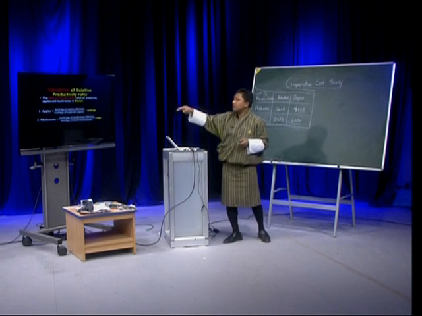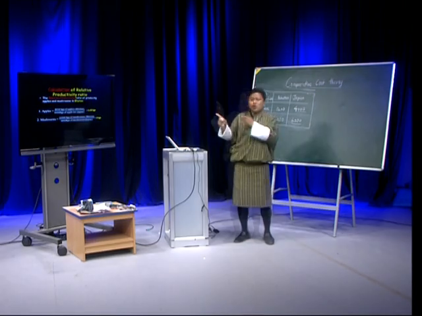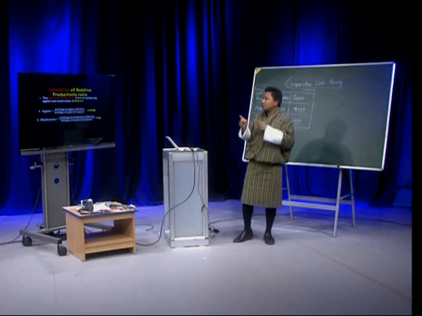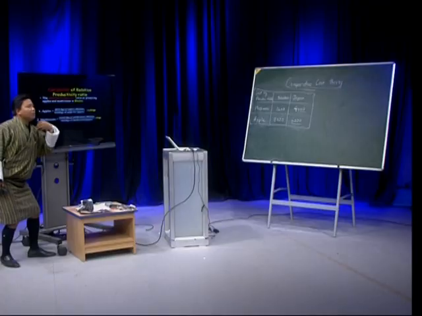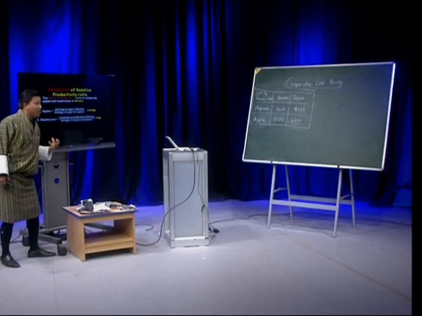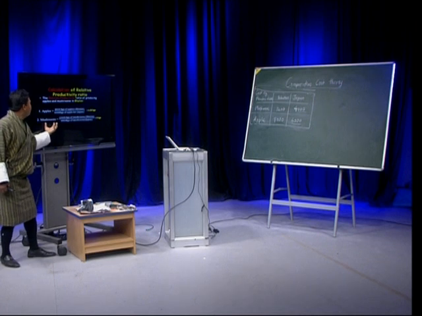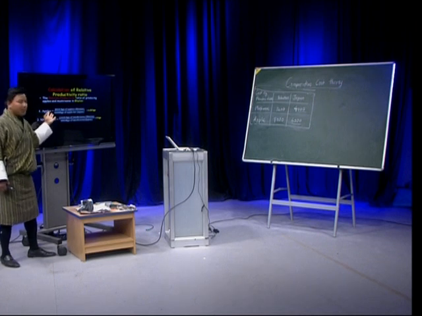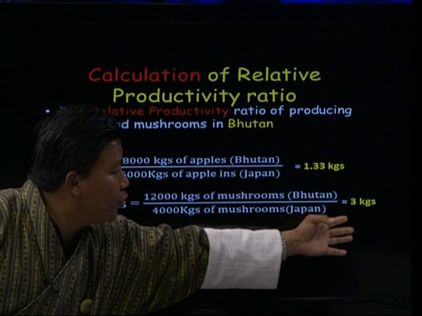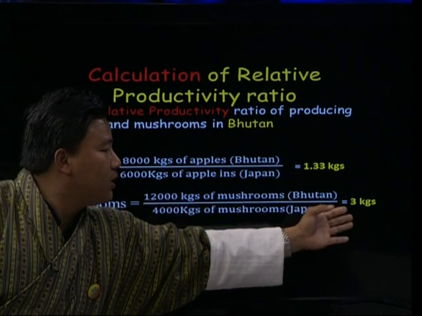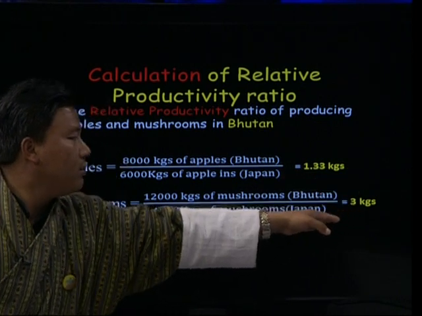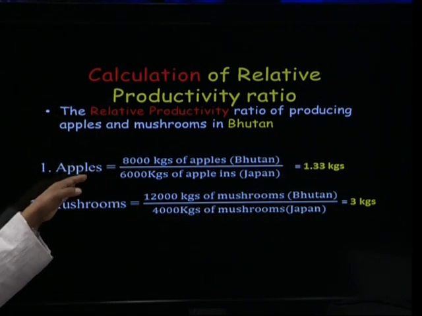So according to this relative productivity ratio, we know that Bhutan should specialize in production of mushroom. Why? Because Bhutan has the relative advantage in producing mushroom over the apple. Because we can produce 3 kg. The relative productivity ratio is higher for mushroom than the apple.